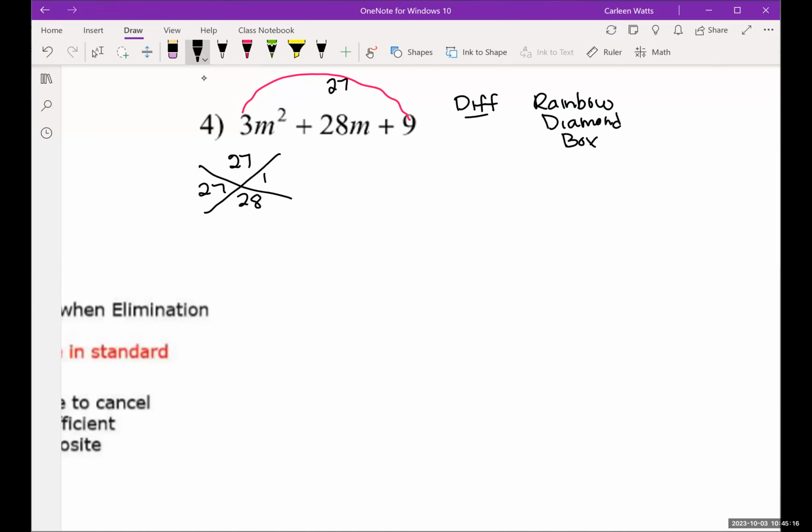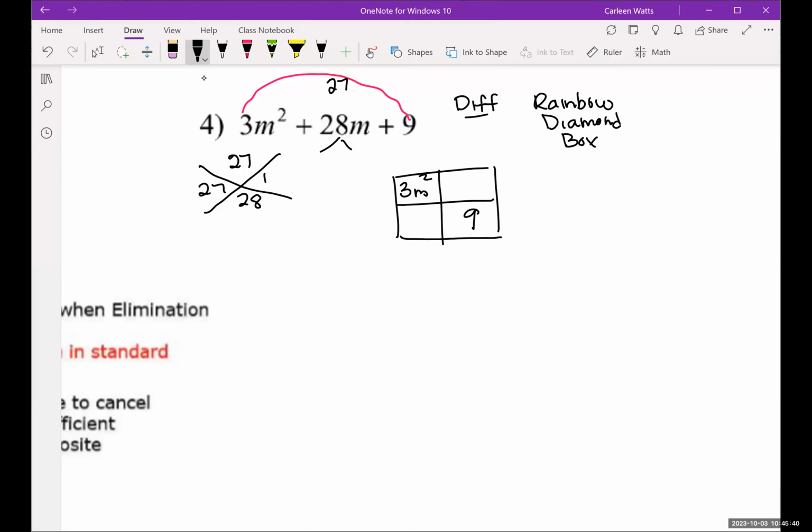What is the next step that I have to do? If ever you do a rainbow, you must do what? Yeah, all right, the box. Thank you, Zoomers. Okay, 3m squared and 9.